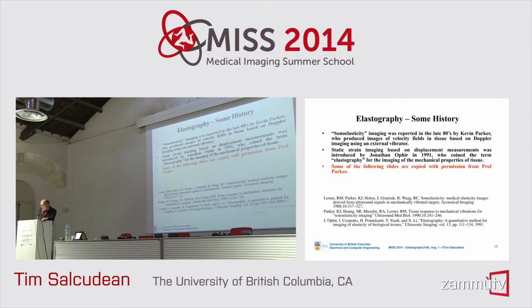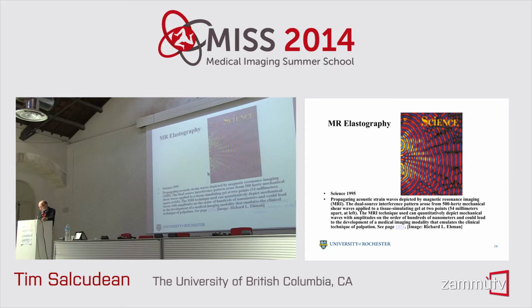After the papers from Kevin Parker's group, Jonathan Ophir realized that you can do this by processing the RF data itself and generate a static or quasi-static strain, which was much easier to produce and reproduce than the Doppler images. So everybody refers to Jonathan Ophir as the founder of the field, who coined the term elastography. But Kevin Parker had just as much to do with it at the beginning of the field.